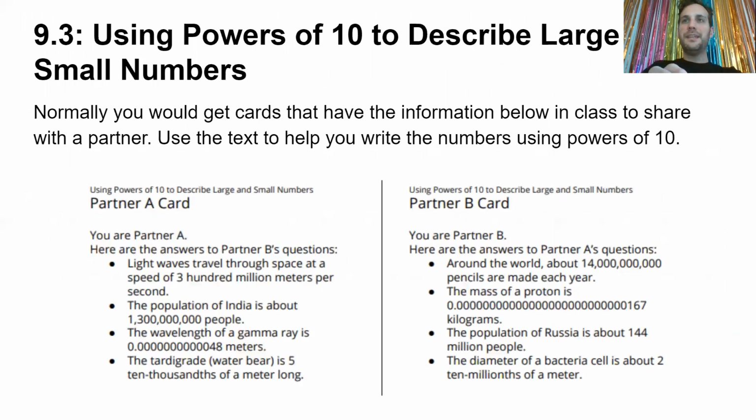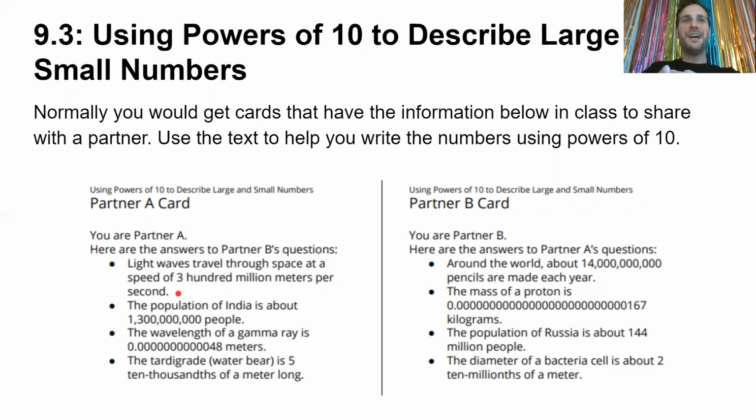The next activity in your packets would be normally to get some cards with information to share with a partner. And then you would use this to talk to your partner and ask them to write down these words on their own. So, for example, you would tell them light waves travel through space at a speed of 300 million meters per second.